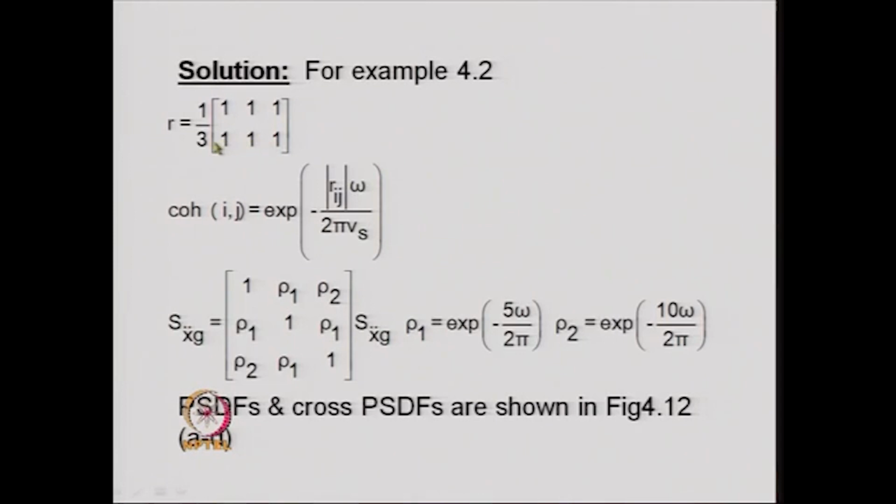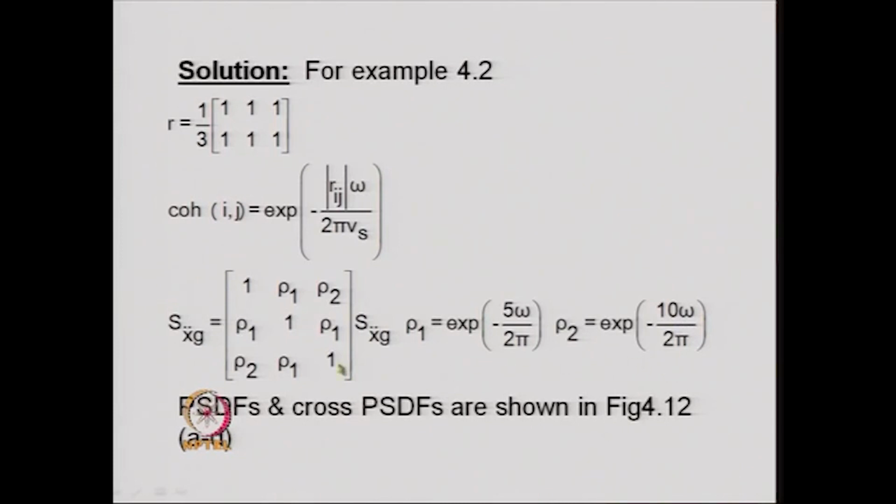The R matrix was 1 by 3 into 1 1 1, and this coherence function we have used. Sorry, in the previous discussion I have simply written it as Vs. It will be 2 pi by Vs, and the values of rho 1 and rho 2 are 5 omega by 2 pi and 10 omega by 2 pi.